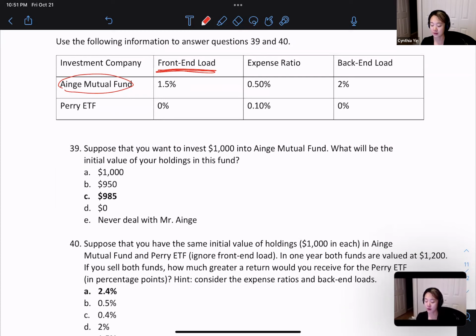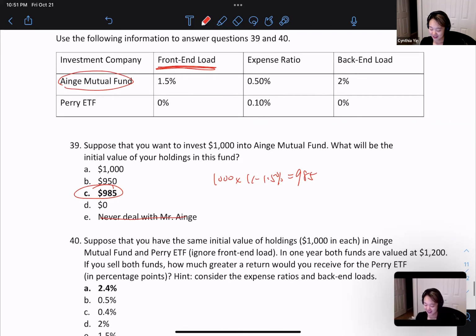This is what front end load means: when you enter the fund, you pay some fee. Because you pay 1.5%, after that you will only have $985. Okay. E is wrong. The funny one.